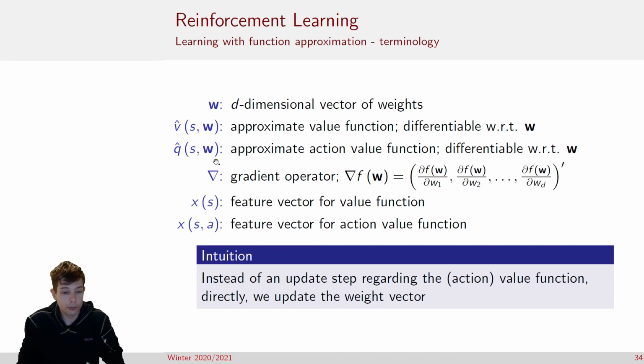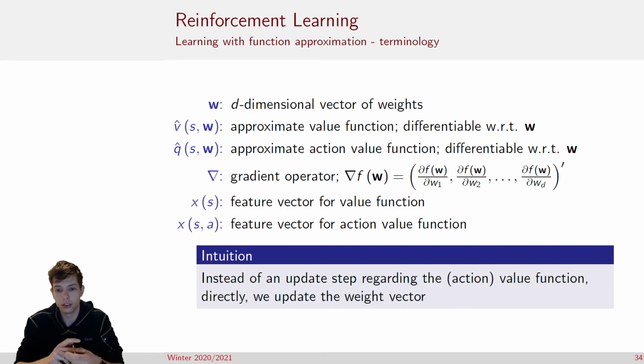We denote by Q hat of S and W the approximate action value function. Again, this one is differentiable with respect to the weights. With nabla, we denote the gradient operator, the vector of all the partial derivatives of a function with respect to the weights. We are interested in the gradient vector of either the value function or the action value function, because we want to find out in which direction we need to change the weights in order to increase or decrease our value function later on.